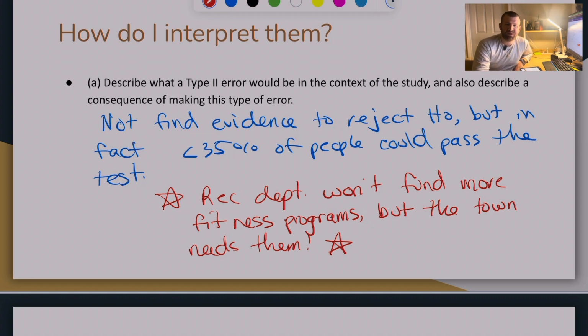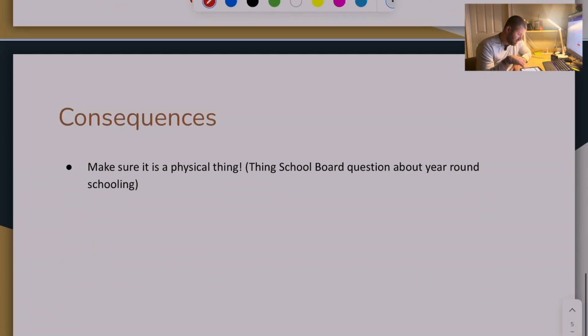A lot of times people want to give a consequence of, oh, they got inaccurate results, and so it's not valid. But that's not a physical thing. In this particular case, what is actually going to happen is that the recreation department isn't going to fund these additional fitness programs, and the town needs them to get more people to be healthy. Think about the school board question.